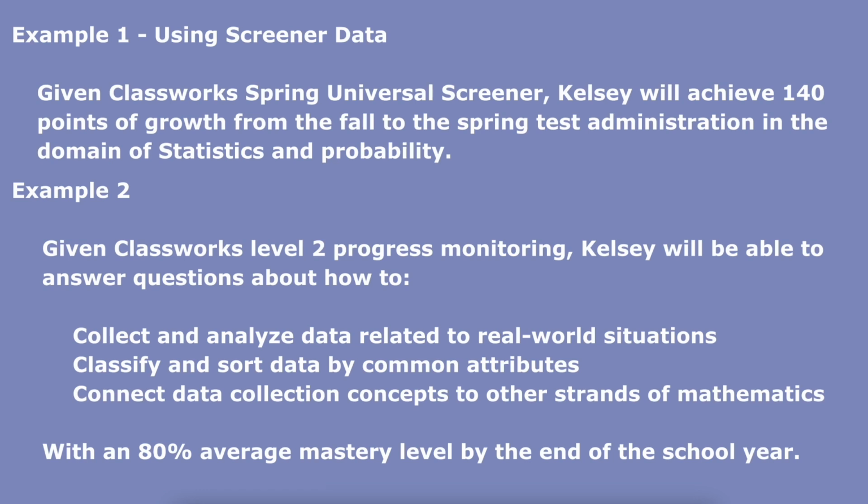Example 1, using the screener data. Given Classworks Spring Universal Screener, Kelsey will achieve 140 points of growth from the fall to the spring test administration in the domain of statistics and probability.